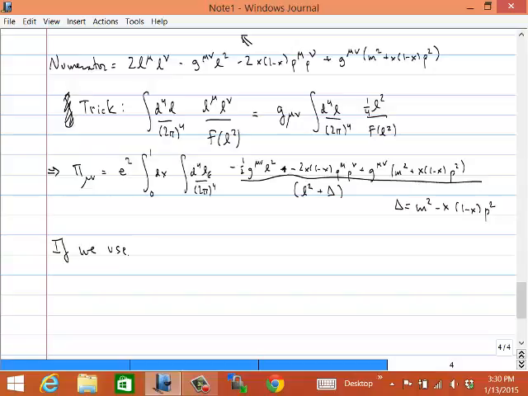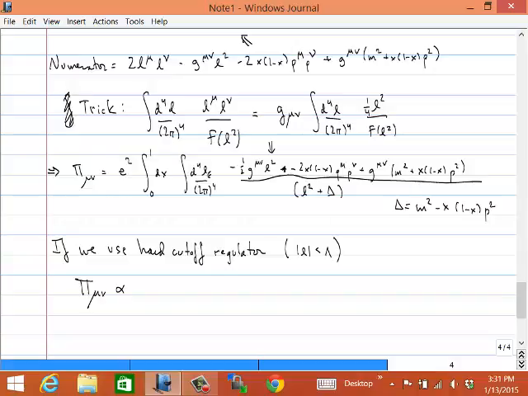So if, for example, you tried to regulate this integral using a hard cutoff, that is to say, by integrating only over momenta less than some scale lambda, and then taking lambda to infinity, then this first term here, involving an L squared, will lead to a contribution to pi mu nu, so you get an integral d4L times L squared over something in the denominator that goes like L to the fourth.